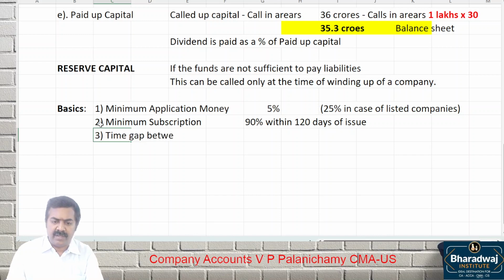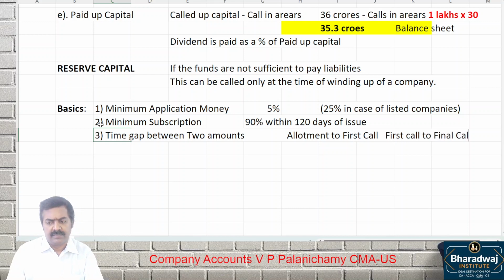Time gap between two amounts. This can be between allotment to first call or first call to final call. For example, allotment money is collected today.